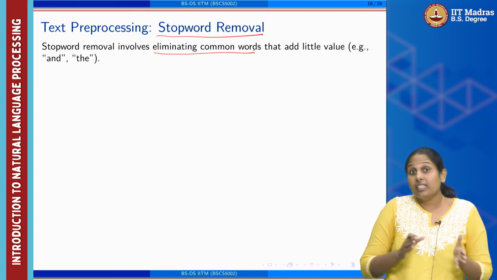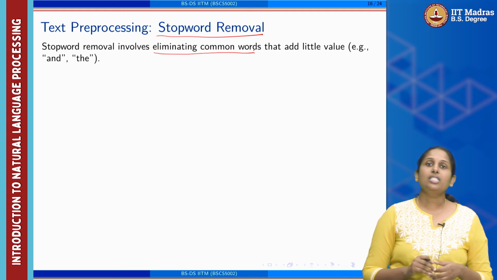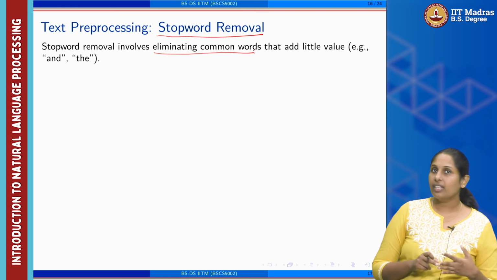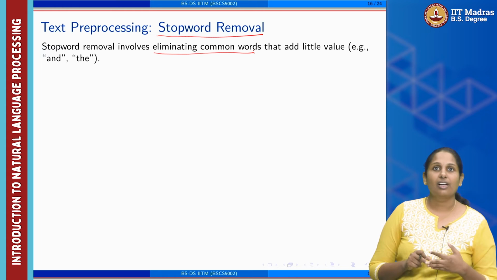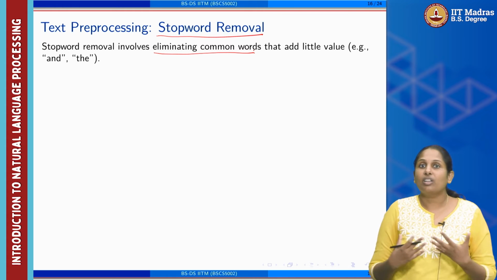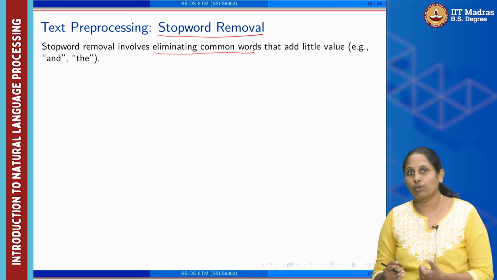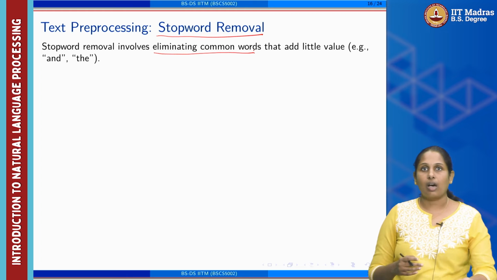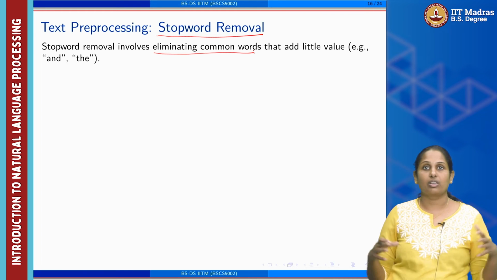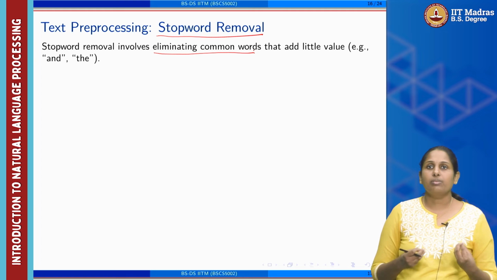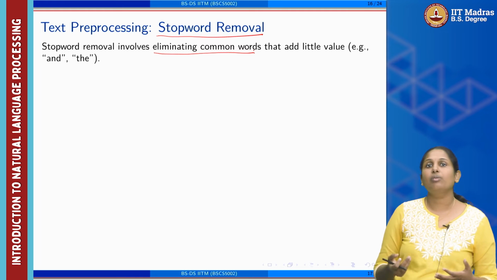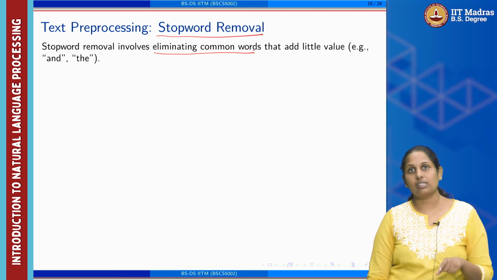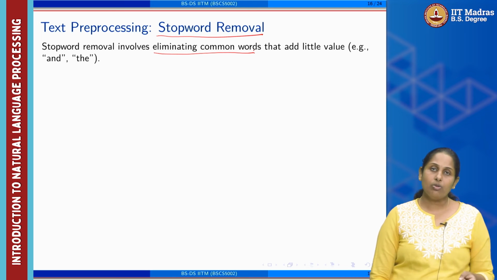Let us say when we are working with parsing or machine translation or any other higher language understanding, these functional elements carry a lot of value. So, in such cases we cannot remove the stop words. But let us say we are working on chatbots or retrieving information or summarization. Sometimes the stop words are repetitions which need not be given much importance. So, depending on the application, we will select whether we need to remove the stop words or not.